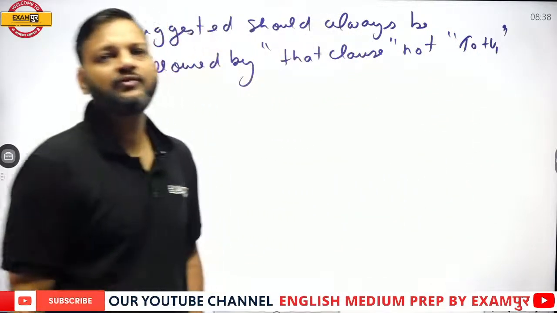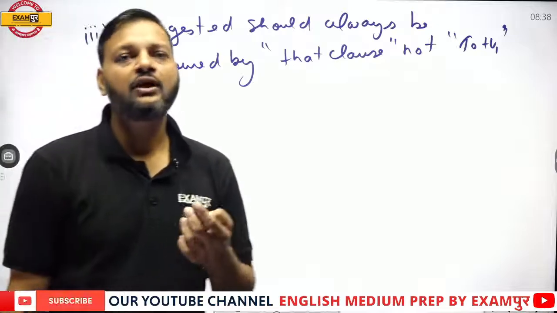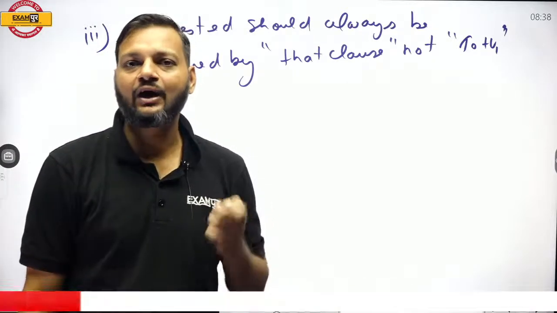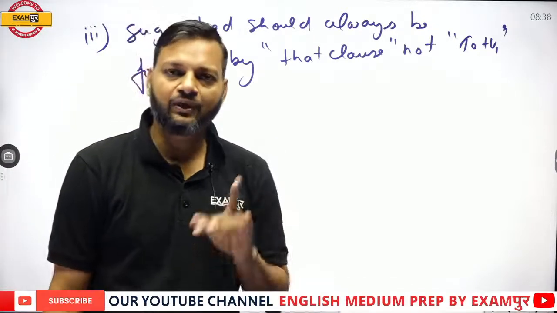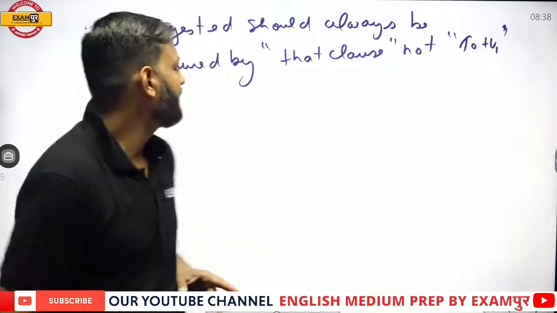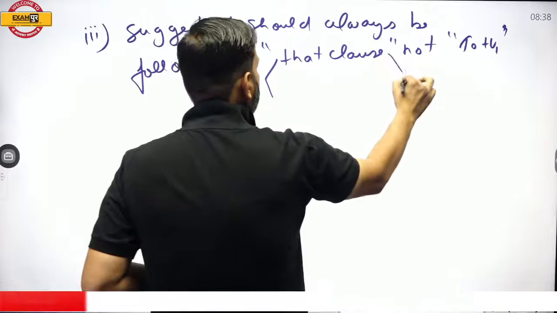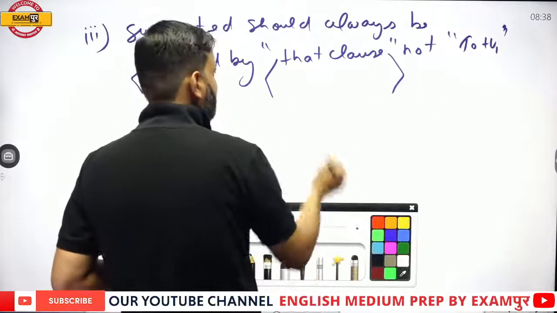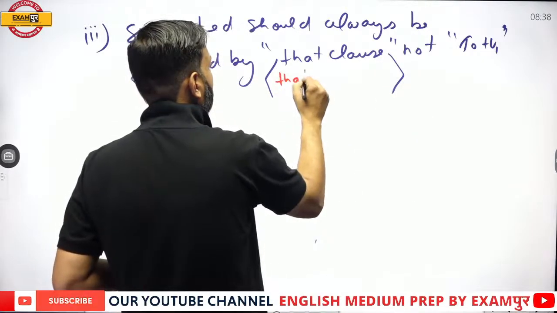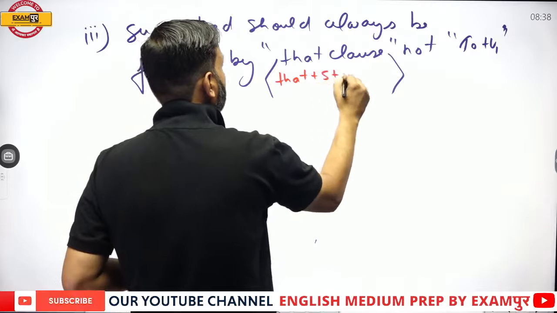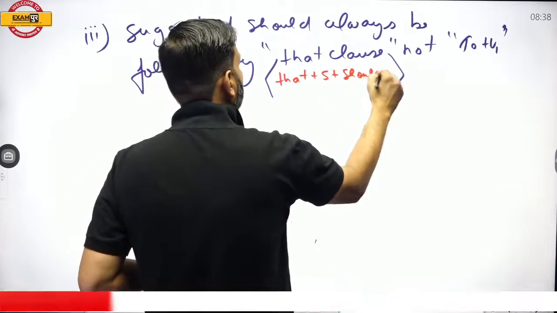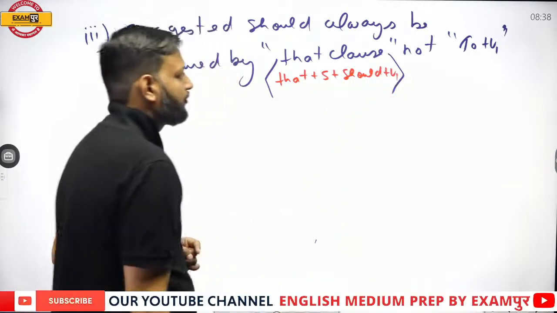To plus v1 is called the full infinitive, and the full infinitive is not allowed after the word suggested. Suggested is always followed by a that clause. Now what does a that clause mean? A that clause means that plus subject plus should plus v1.